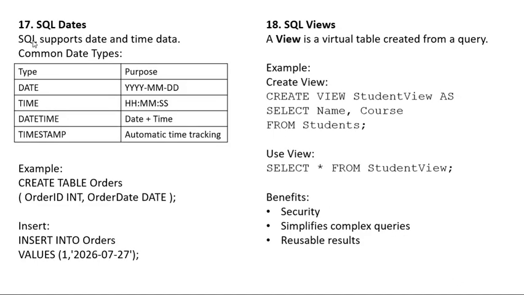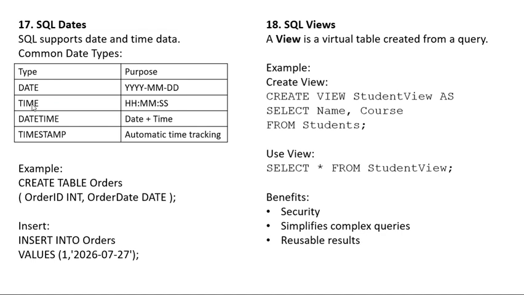SQL supports date and time data, and the common date type is DATE. The format is YYYY-MM-DD: first is the year, after that the month, and after that the date.